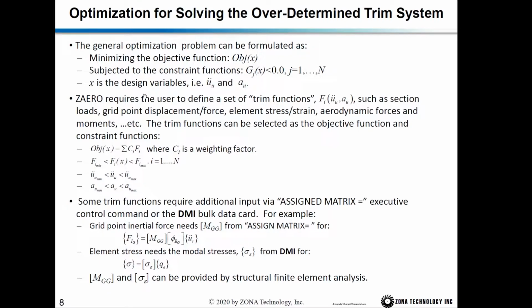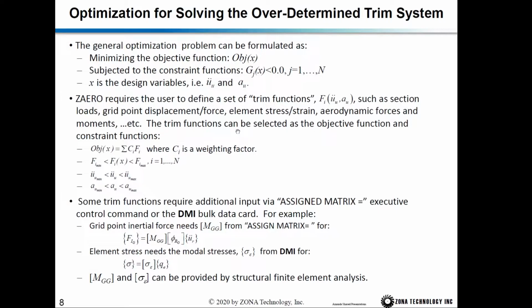And ZAERO requires the user to define a set of trim functions. The trim function is a function of the unknown trim degrees of freedom and trim variables. So this trim function can be a section load, like wing root bending, wing root shear, and grid point displacement, force, element stress and strain, aerodynamic forces and moments, and so on.